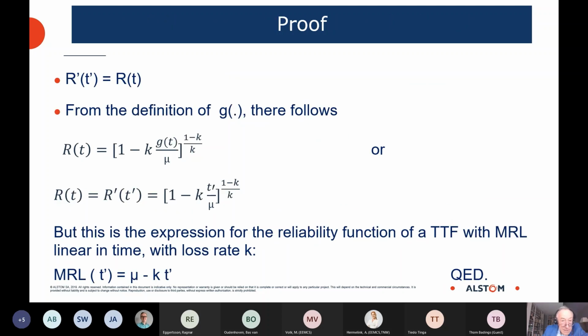It's expressed like this, but if we put G of t equals t prime, this is the formulation for the reliability function of a time to failure which has an MRL linear in time, with a loss rate gain. So we have shown that this transformation converts the initial distribution into one which, in the image space, has an MRL linear in time.